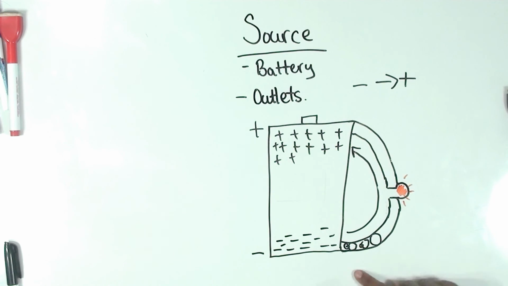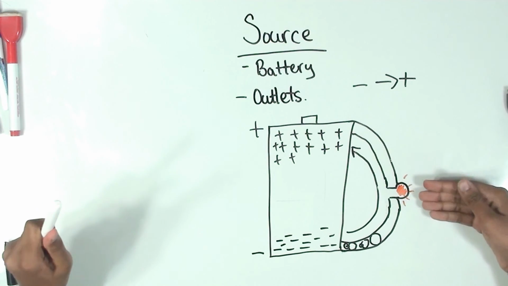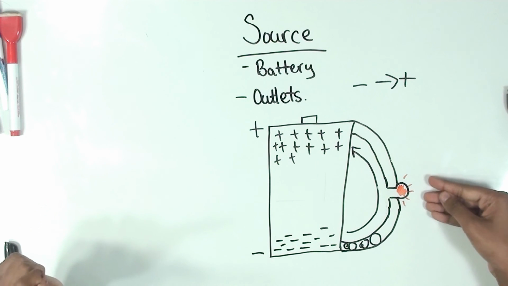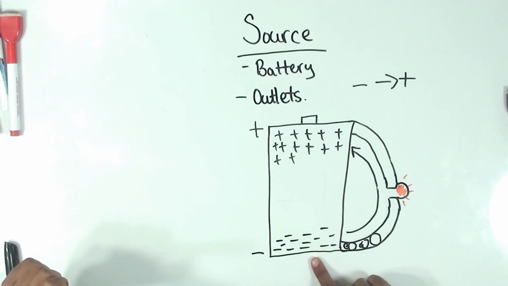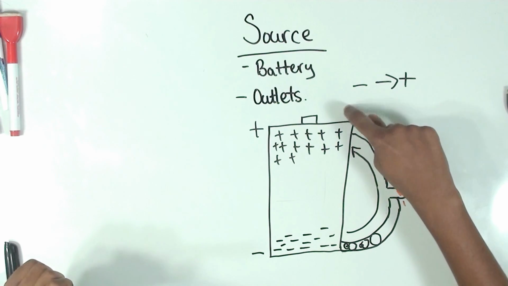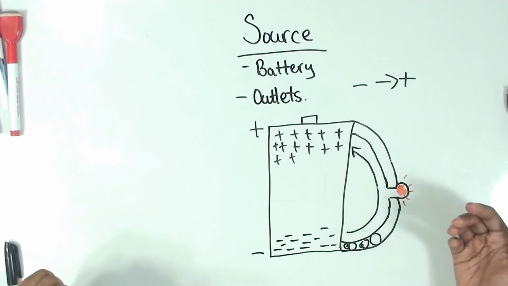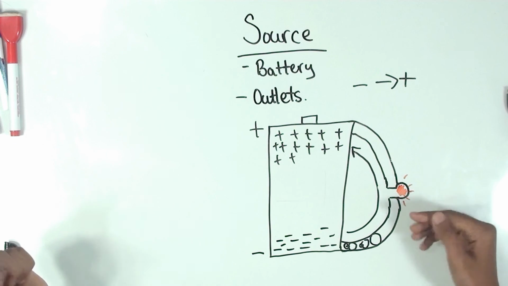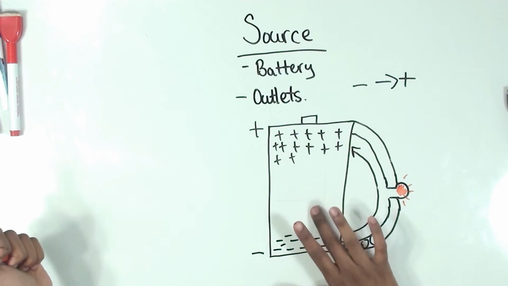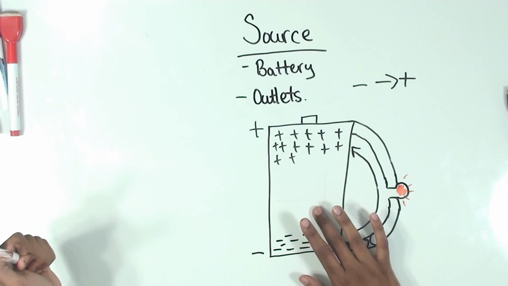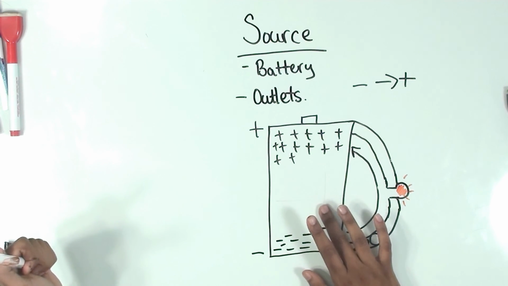Now since the electrons have moved, their electricity occurs and so your light bulb lights up. But the light bulb is going to stay lit only until the negative side and the positive side have balanced out. Once they have balanced out, you won't get light anymore. So in that case, you can either get a new battery, or if your battery is rechargeable, you can always recharge it and put it back in.